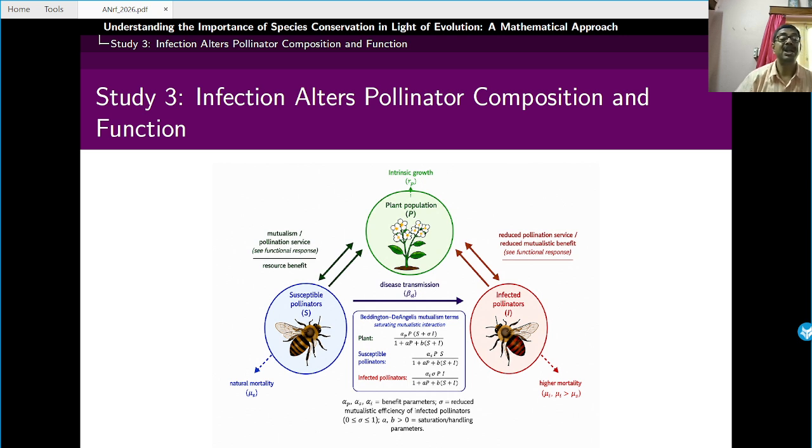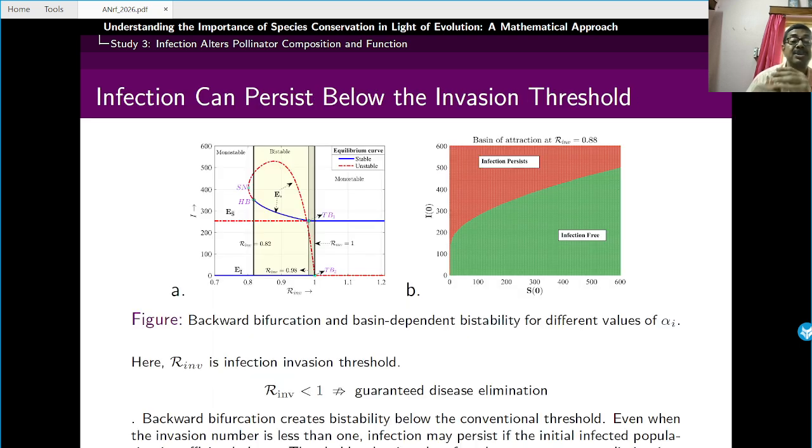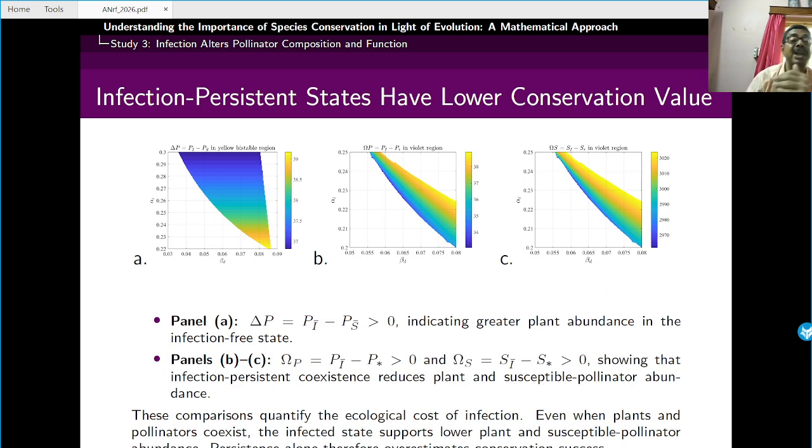In study 3, infection alters pollinator composition and function. Here we say that infection can persist below the invasion threshold, that is, if R_inv is less than 1, that does not guarantee that the disease will be eliminated from the system. Infection-persistent states have lower conservation values.